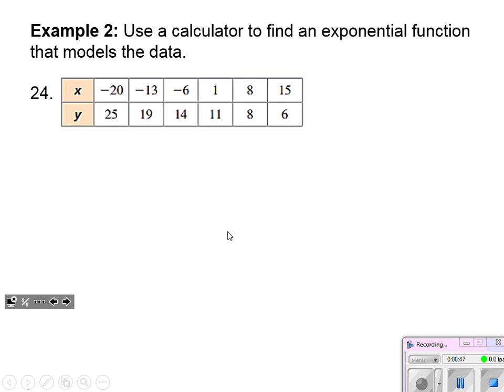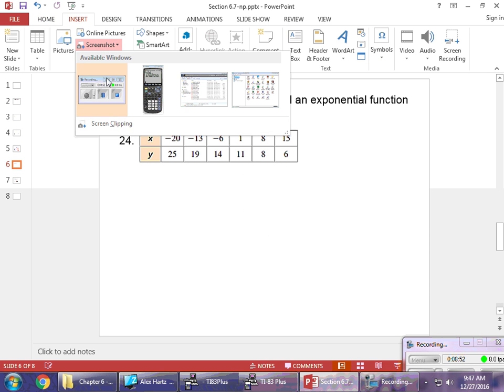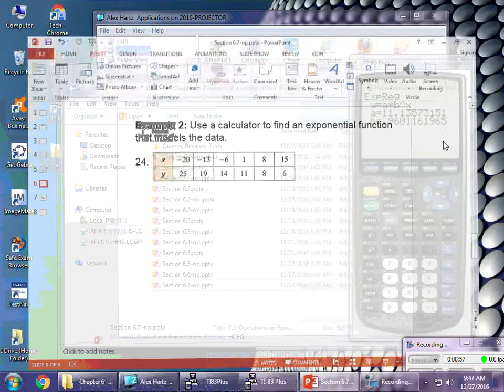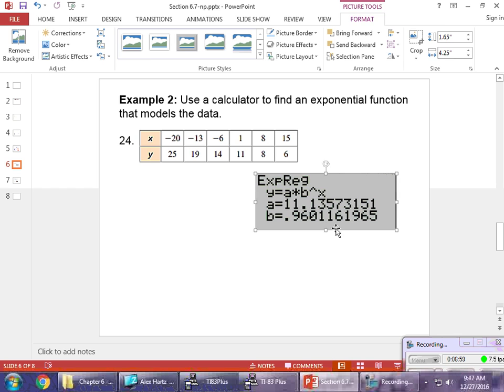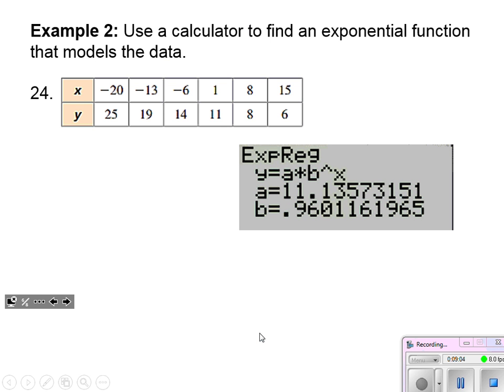So here I'm just going to grab that. So how we interpret that calculator screen is as follows. Our function is y equals 11.136 times 0.96 to the x power.